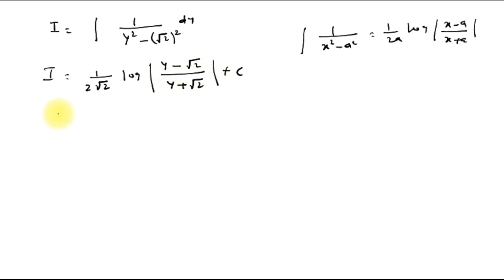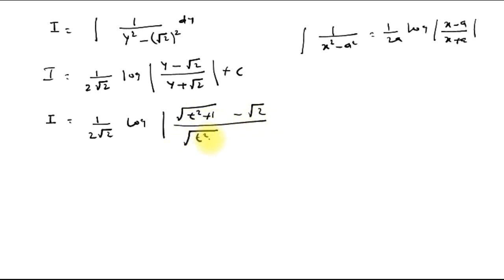Now as we assume that y is equal to under root t square plus 1, so we can put here 1 over 2 root 2 log of under root t square plus 1 minus root 2 divided by under root t square plus 1 plus root 2.